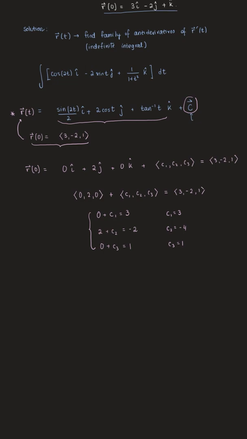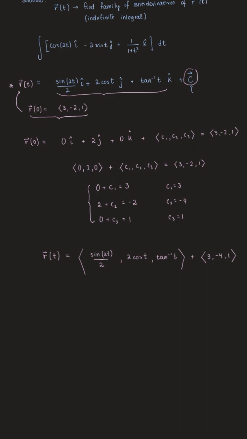So our solution is a vector function r of t whose components are, first, sine of 2t over 2, 2 cosine of t, and tangent inverse of t, plus our constant vector c. We found our constant vector to have components 3, negative 4, and 1, using our initial condition.